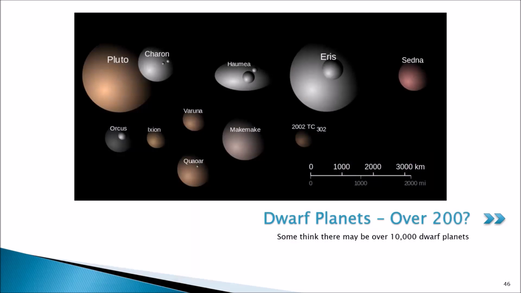If you look at some of the larger dwarf planets, Pluto's not even the largest one. Eris is. So there are other dwarf planets which are larger than Pluto. And there are a number of them which are pretty close. So we had to cut it off someplace, and there it is.